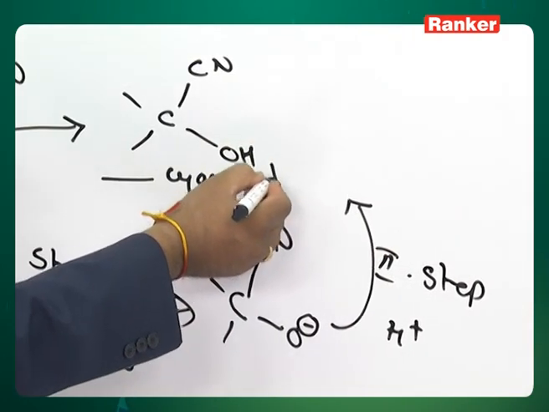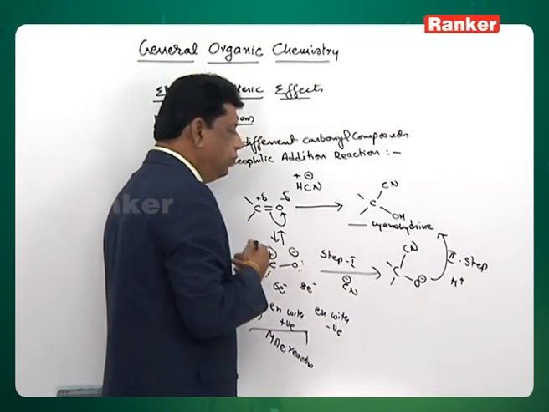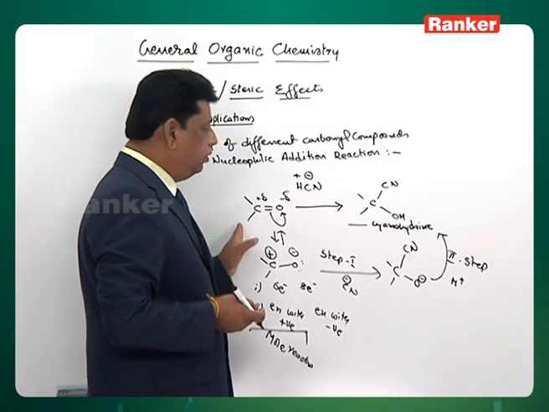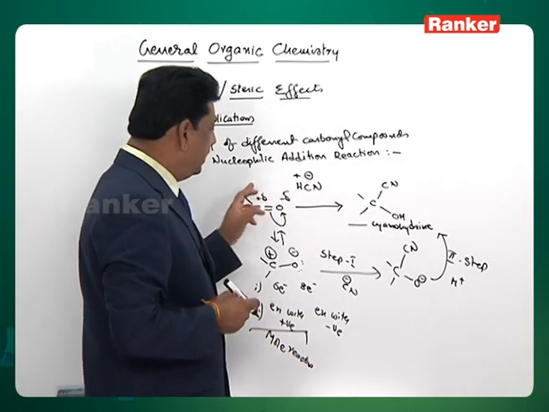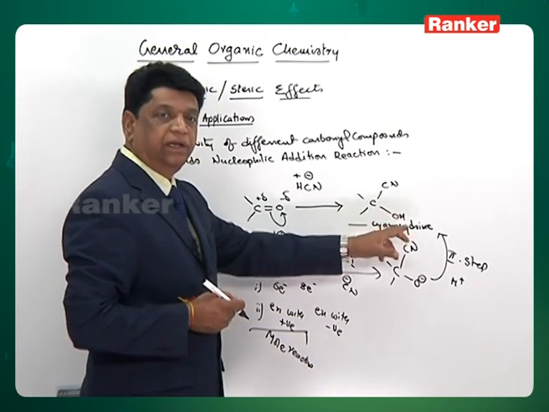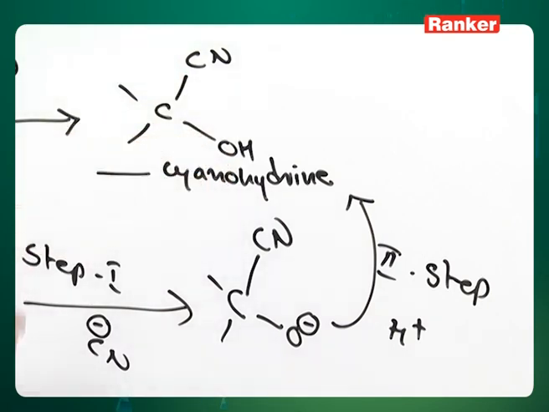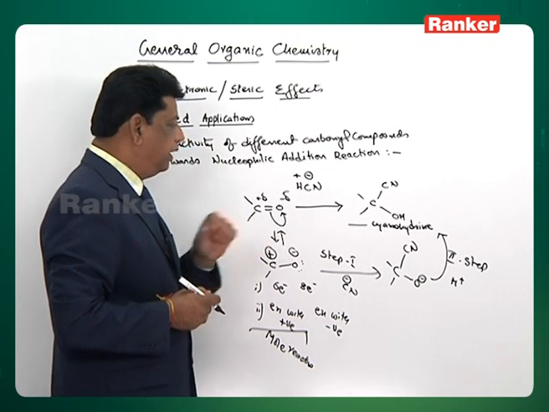If the compound I have taken is acetone, for example, then you say acetone cyanohydrin. If you say it is propanone, say propanone cyanohydrin. So, the cyanide and the H added, and O results in the formation of finally OH. Therefore, we call cyanohydrin a water-added type compound, and so the products are called cyanohydrin.